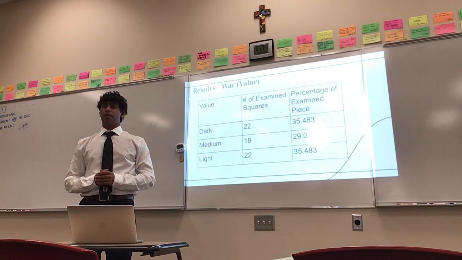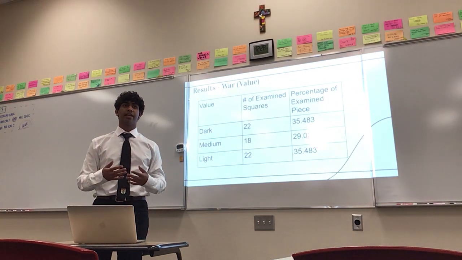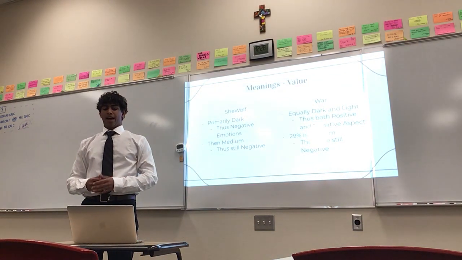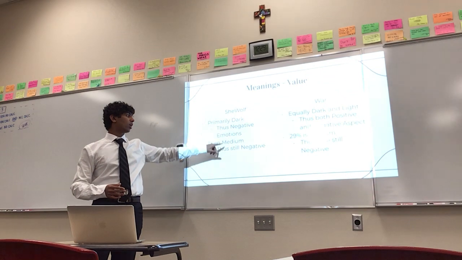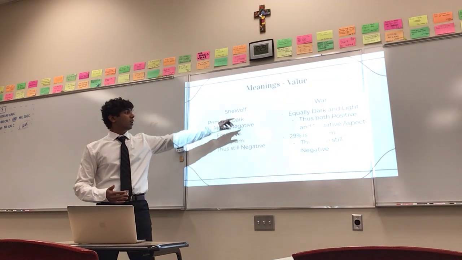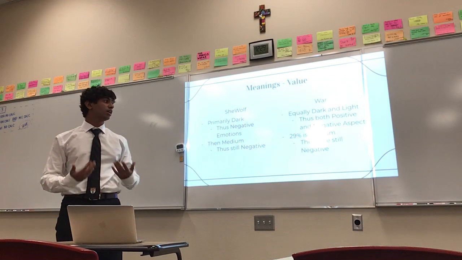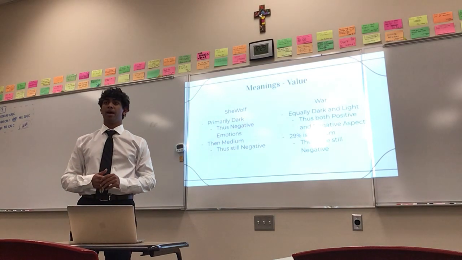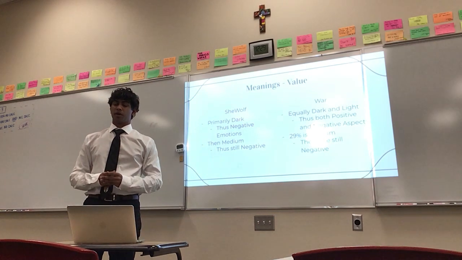And in War, it was 22 were dark, and 22 were also light. However, the leading thing that really changed it up was the medium value, which, as shown here, by having majority dark and medium, She-Wolf is absolutely negative, whereas over here in War, by having equally dark and light, those two sort of cancel out each other, leaving us with medium, and 29% of that is medium, so thus it is still negative as shown by Boersi's and Verghese's methodology and experiment.